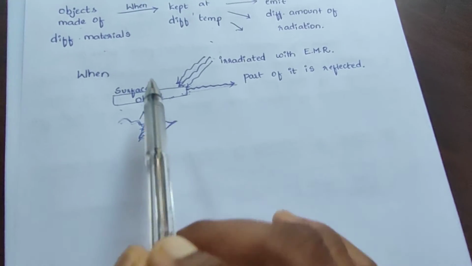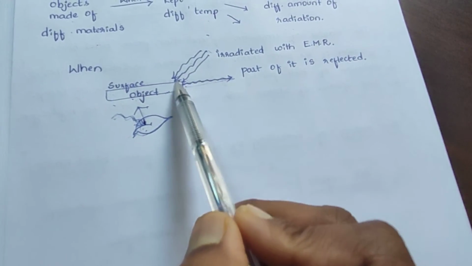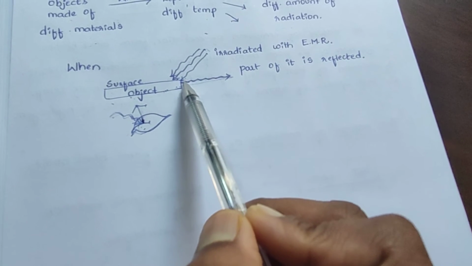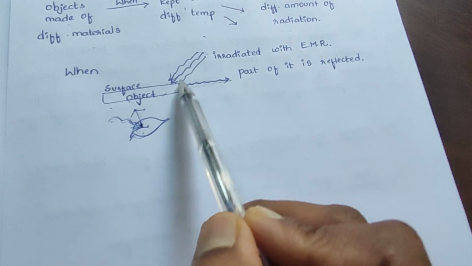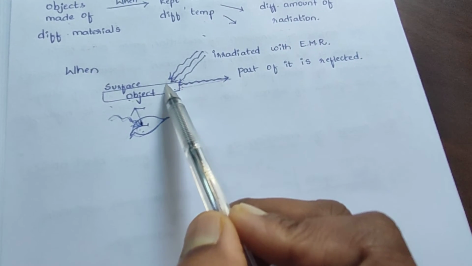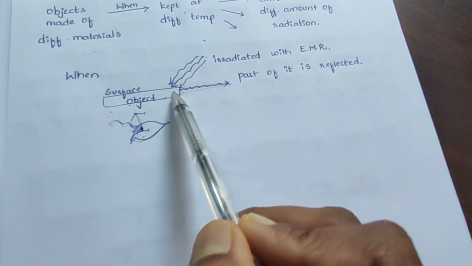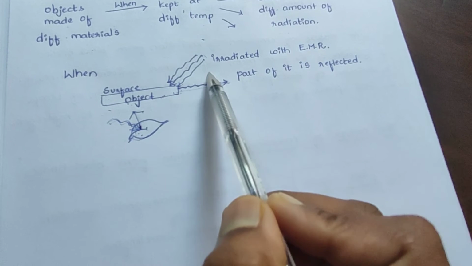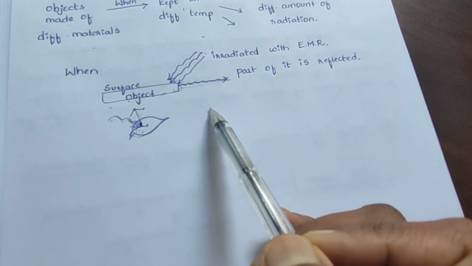See, when the surface of the object is irradiated with electromagnetic radiations, these radiations have different wavelengths, and few radiations with particular wavelengths get absorbed and some of the electromagnetic radiations will be reflected.